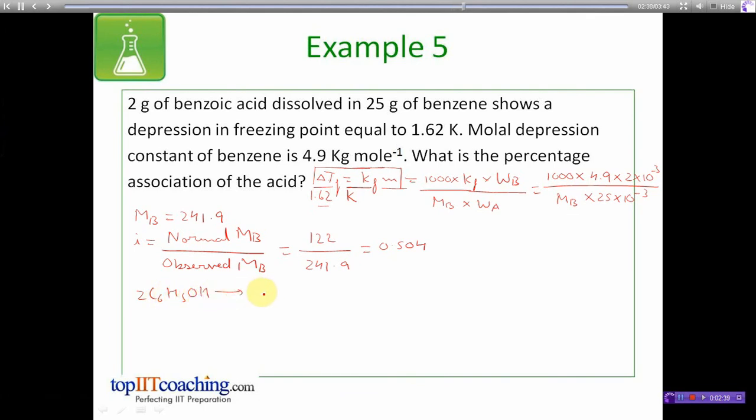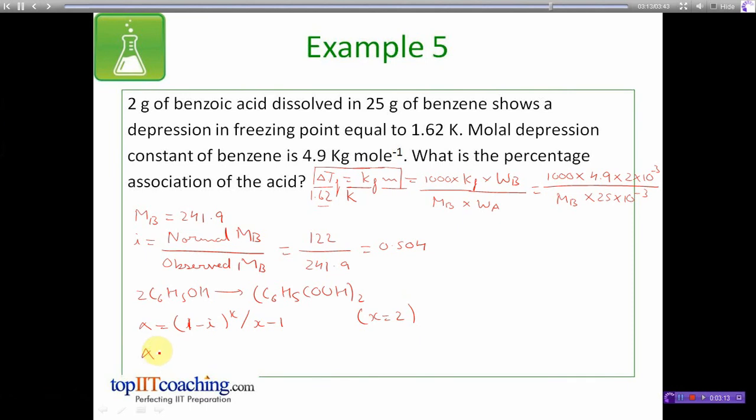Now in benzoic acid, the association between two molecules takes place as follows: 2 C6H5COOH. So for finding out the association, we write alpha is equal to 1 minus i raised to x divided by x minus 1, where x is the number of simple molecules that associate to form a new particle.